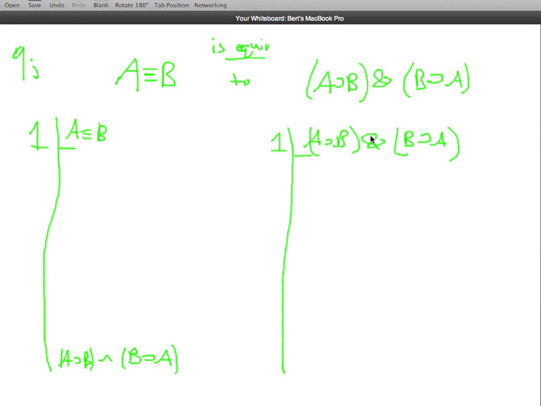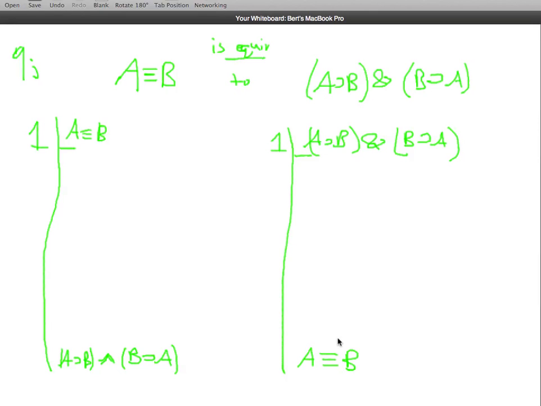Sometimes I use the ampersand, sometimes I use the wedge. These are just two different ways of doing the notation, so don't get confused by that. And I don't care which one you use, whichever one you feel more comfortable with. Okay, and in this derivation, my goal is going to be A, if and only if B.